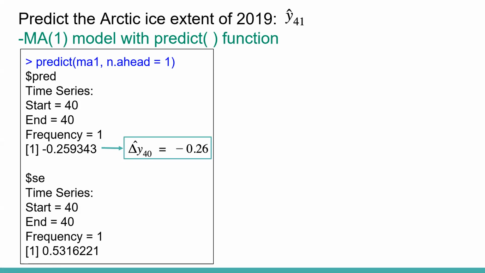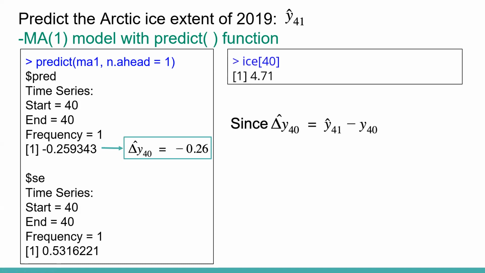And when we difference, what I have right here is going to be the differenced data of Y40. Don't forget that the differenced data equals Y41 minus Y40. I think you remember that. That is a relationship they have.